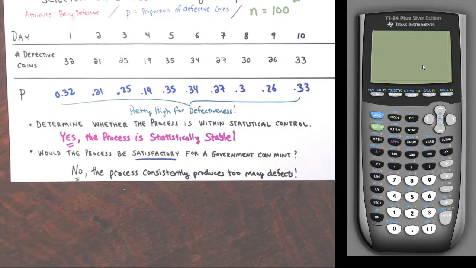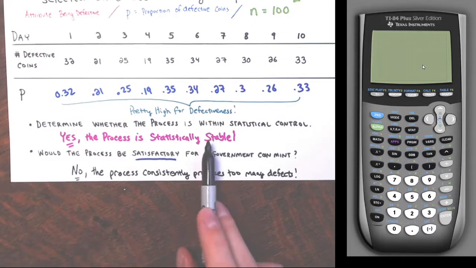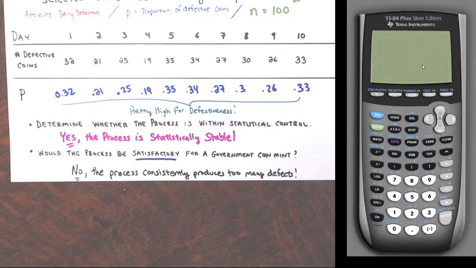I would want a lot fewer defects than what I'm seeing in these 10 days of samples. So even though a process is stable, is consistent, is in control, you still have to use some common sense. You still have to use some logic to look at the numbers and see if they're meeting the specifications you actually want.